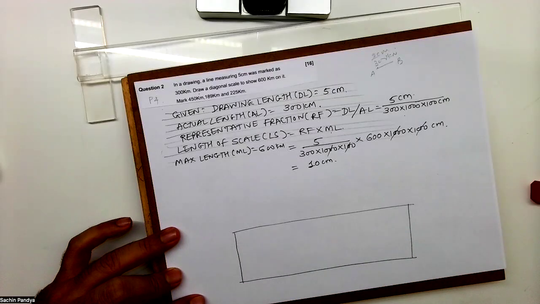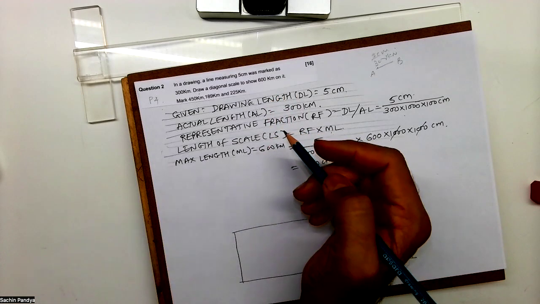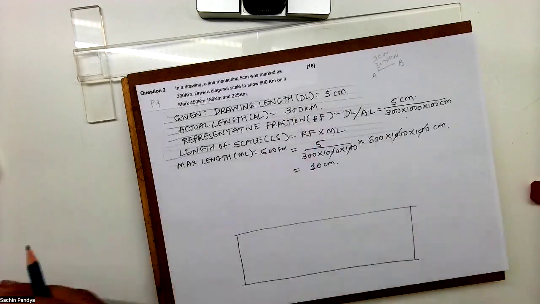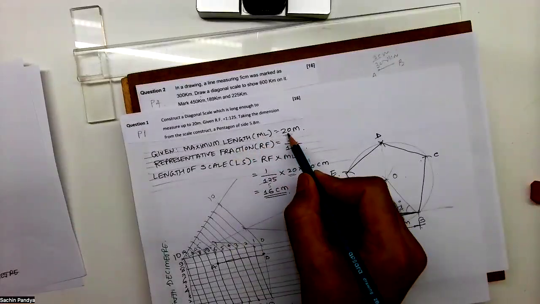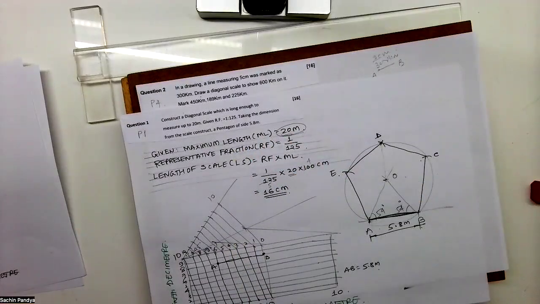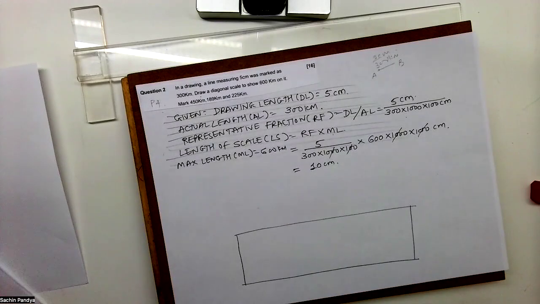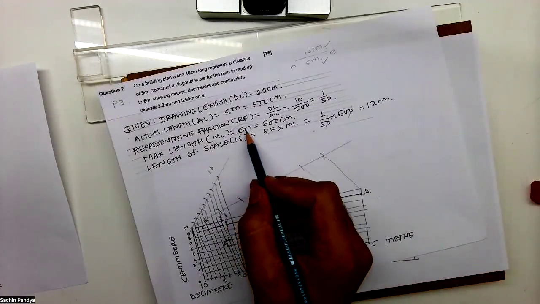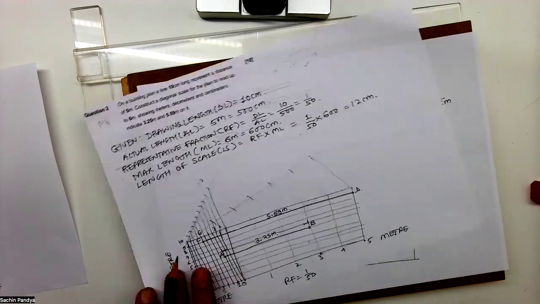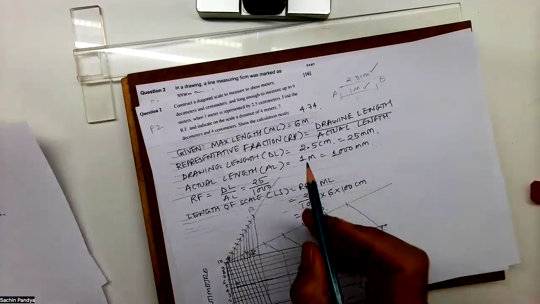Now I'll divide this into how many parts? See, if you see very first sum, I would like to show you something. The very first sum, maximum length was 20 meter. We divided into two parts, right? Then here maximum length was 6 meter in this third paper. We divided into 6 part. In second paper also maximum length was 6 meter.